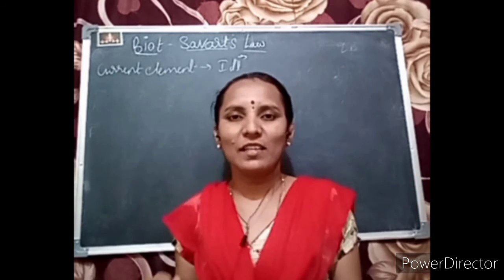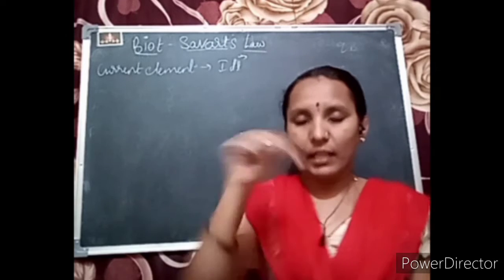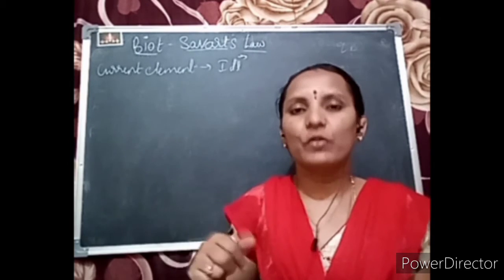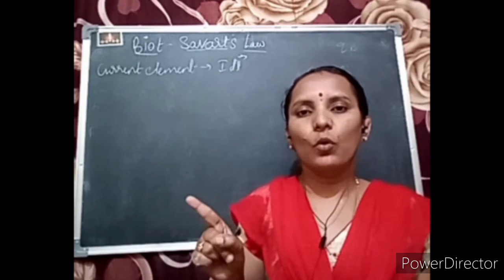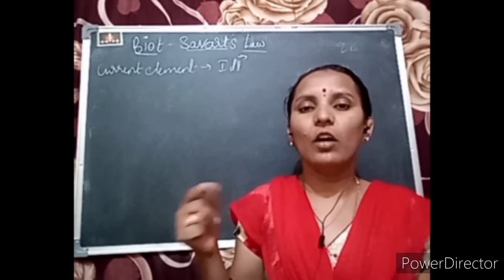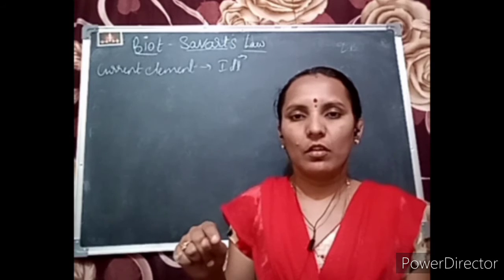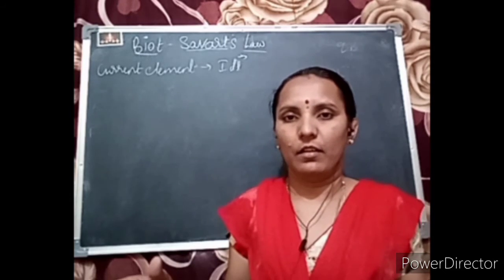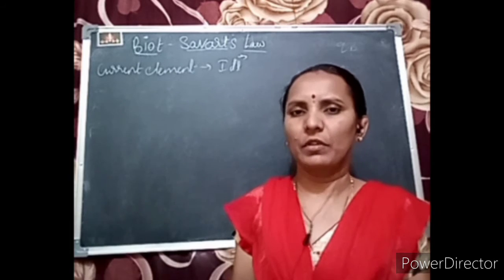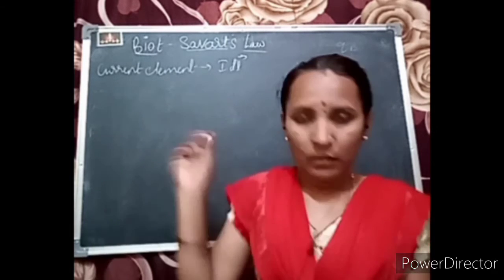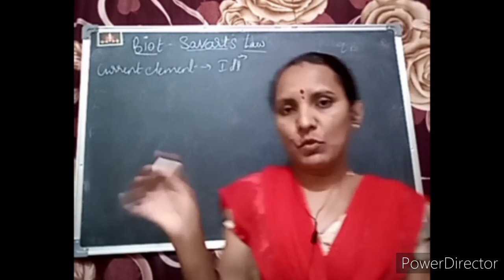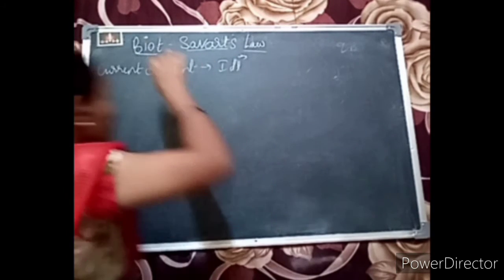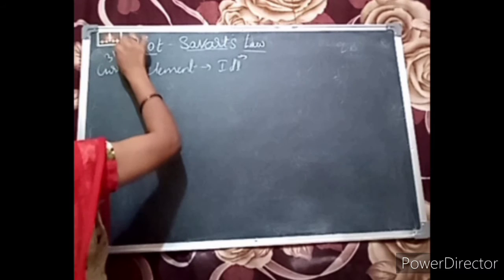There is no derivation here in the topic Biot-Savart's law. It doesn't have a derivation, it has a concept where the law is extended. Very simple thing. Let me draw the diagram so that it will be clear for you. This is a 3 to 5 marks topic.